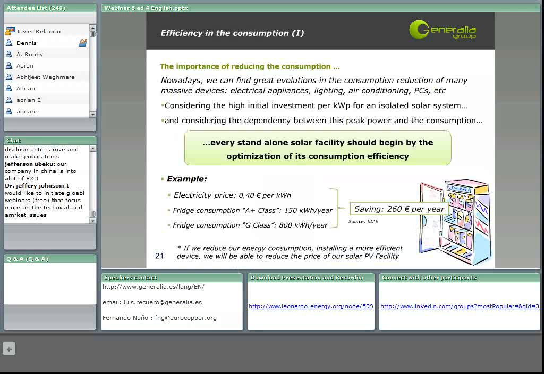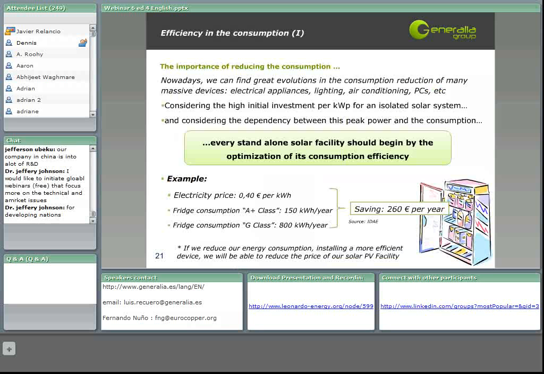But here we have said that the solar system has a price higher than the grid because we are referring to stand-alone systems, considering also the price of the batteries, regulators, and this special kind of inverters.